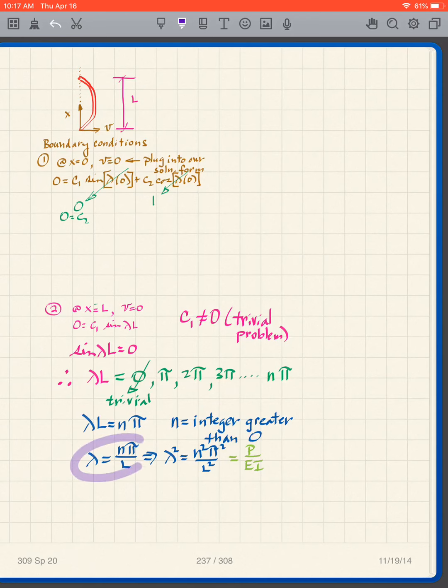So rearranging that, I get lambda is equal to n pi over L, which means that lambda squared is n squared pi squared over L squared. And then we previously said that lambda squared was P over EI. So I get that P over EI is equal to n squared pi squared over L squared.